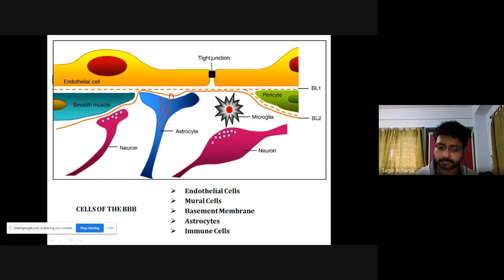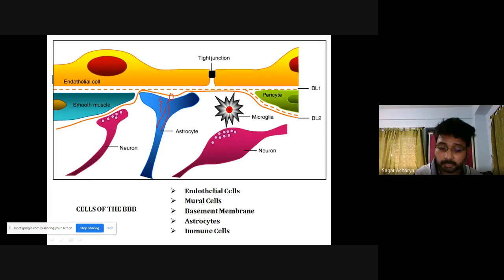So astrocytes actually link your CNS and the blood. Through astrocytes, our central nervous system controls the entry and exit of molecules and the diameter of our capillary network within the cerebral hemisphere.